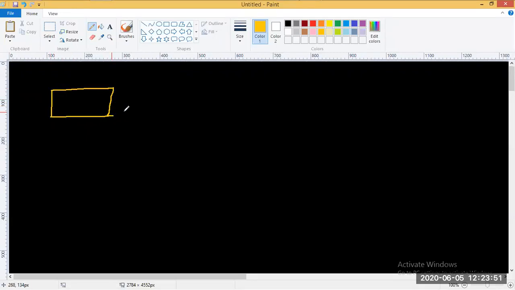Assume this to be a rectangular bar. It's subjected to a tensile load as given in the question, on either side. Let me call this load P, with a value of 25 kilonewton. The dimensions are 50 mm by 25 mm.